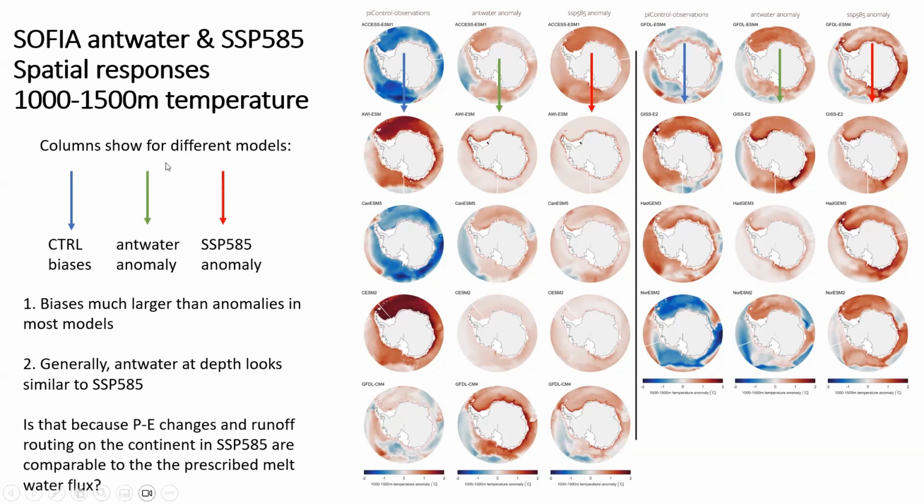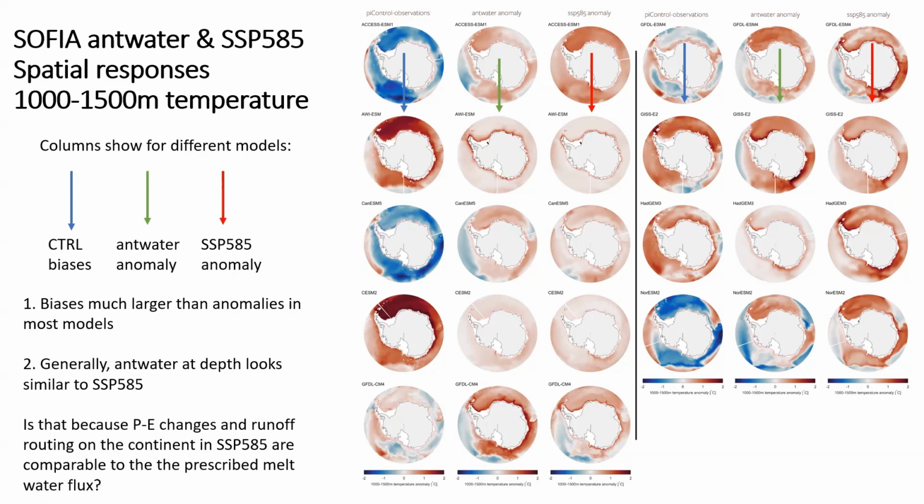But I'm a little bit suspicious that what we see here might be the effect of increased freshwater input into the ocean in the warming scenario, either from a true signal of the P minus E precipitation over the ocean, or, as most of these models do, from a land runoff routing. Basically, what comes in at the surface goes out right away, which is not what ice shelves do.